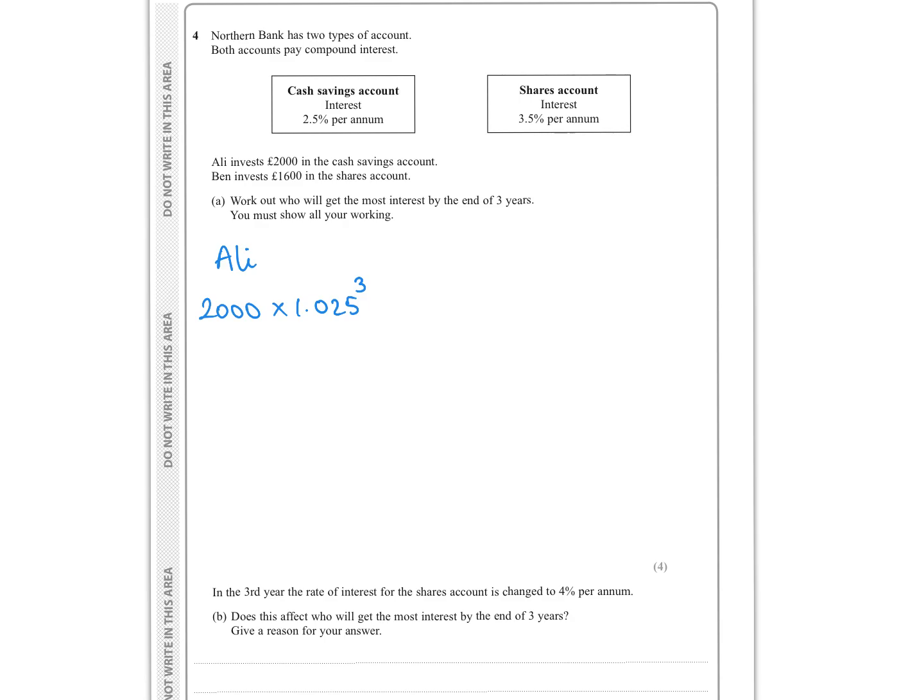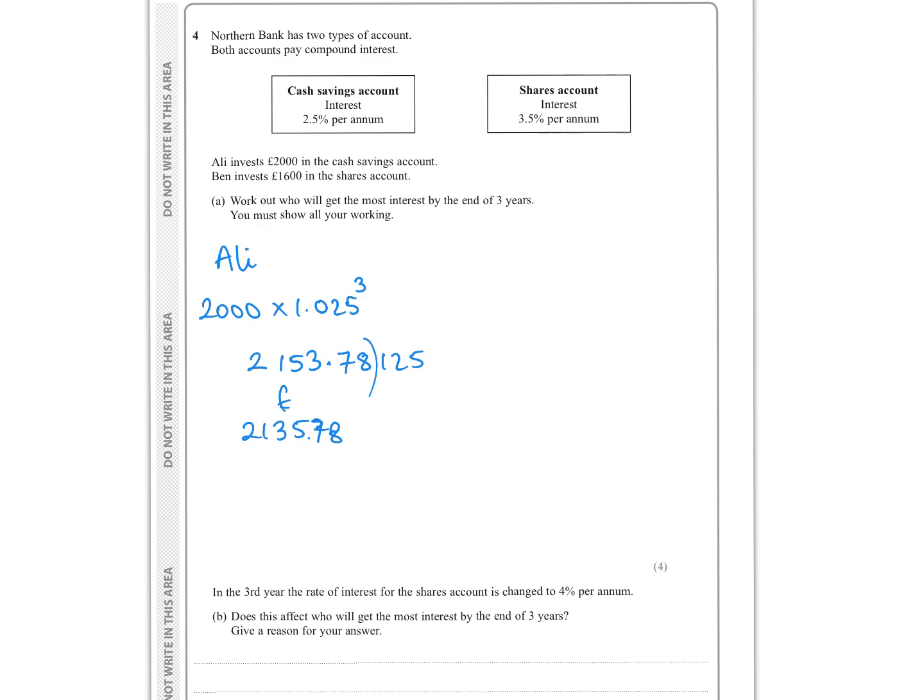And we can do that on the calculator right now. So we've got 2,000 times 1.025 to the power 3, and that's going to be £2,153.78, because you want it to the nearest penny.